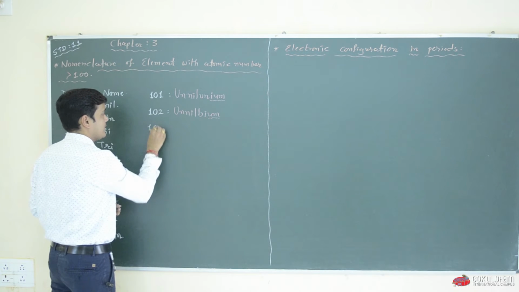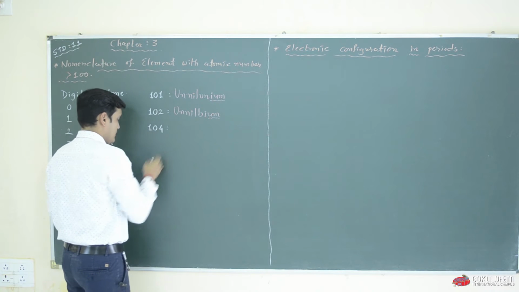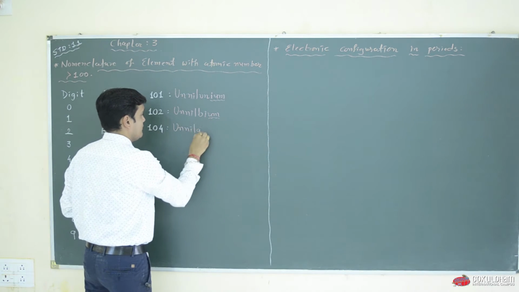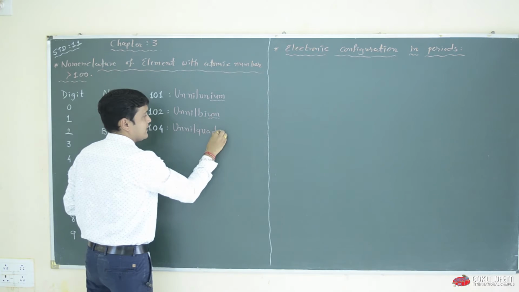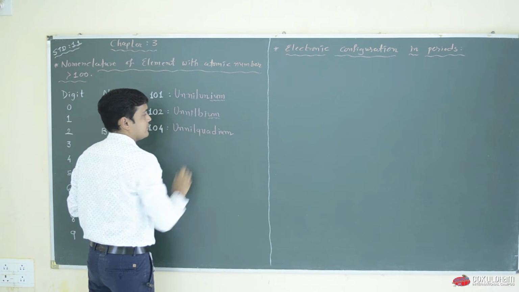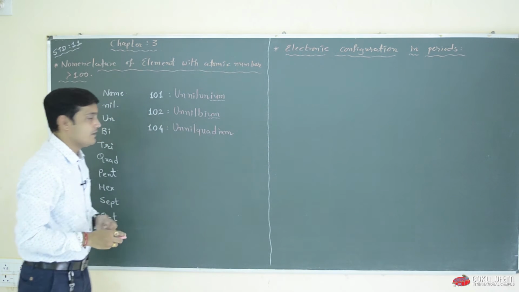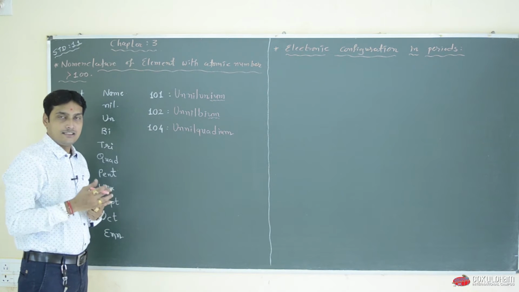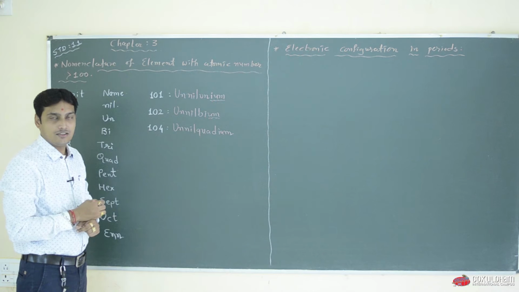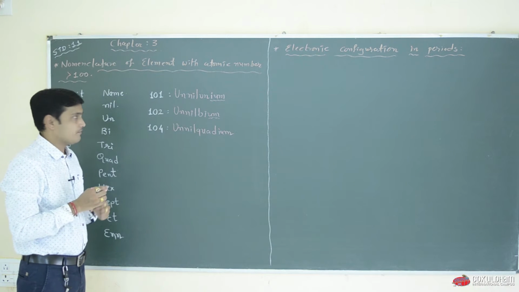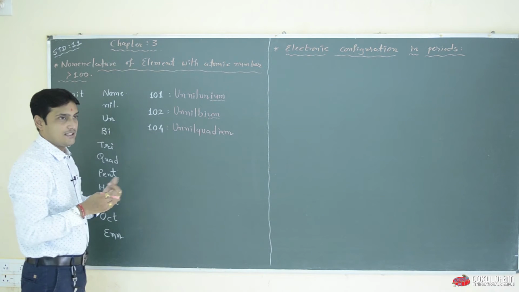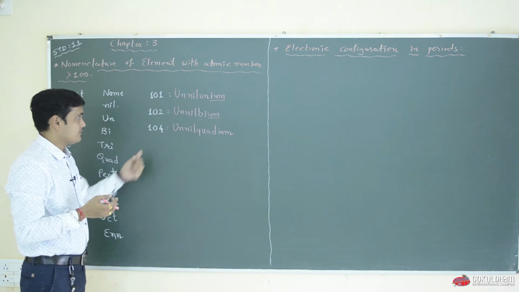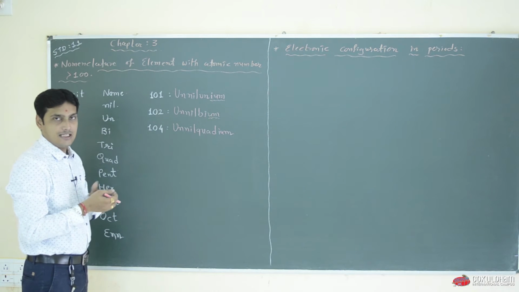Suppose the atomic number is 104, then your name becomes un, nil, quad, and our suffix is ium. This element 104 was invented by the scientist Rutherford. IUPAC decided to give credit to the scientists who discovered these elements.